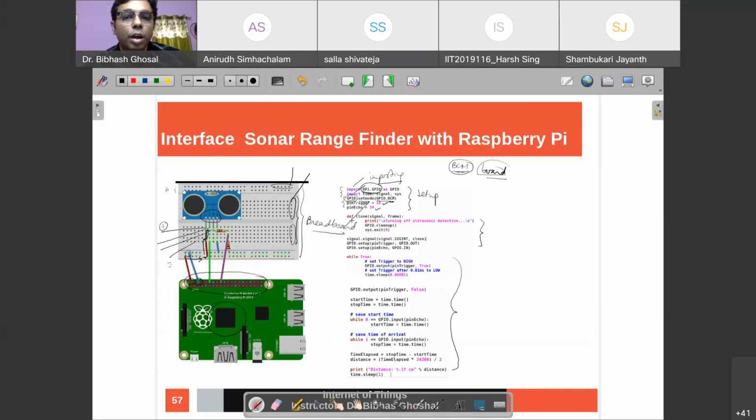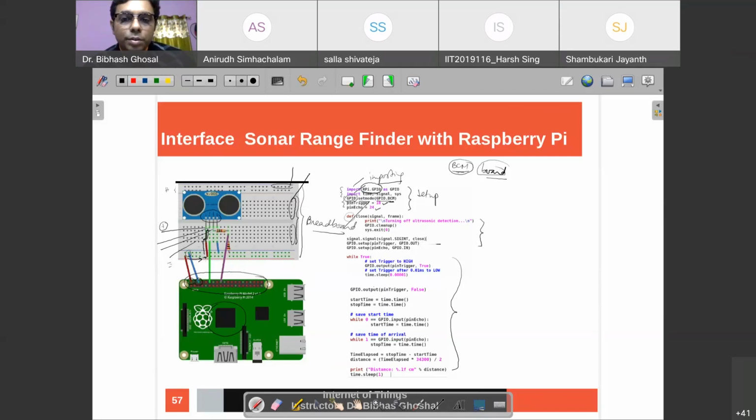Okay. I am defining a function. Functions are defined in Python with a def sign. Then I am using two modules, which is like setting up my two pins, trigger and echo.